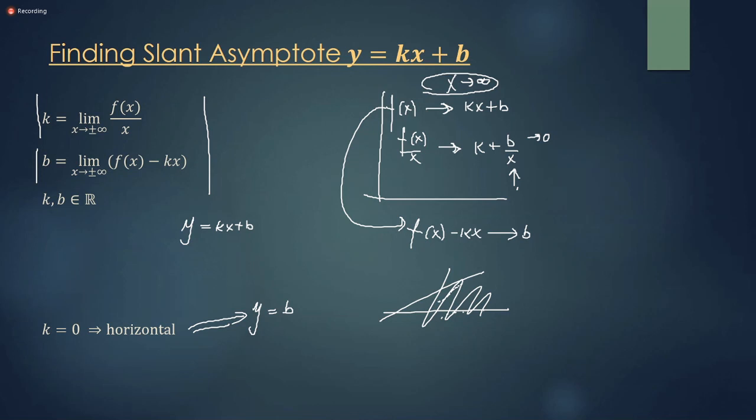So in principle, you may just start with a slant asymptote, and then in some cases it might become horizontal if k is 0. In some situations, you'll see already that we will have a horizontal asymptote. Let's not bother with a slant. Let's find the limit of the function, and that's it. We have found the horizontal asymptote.